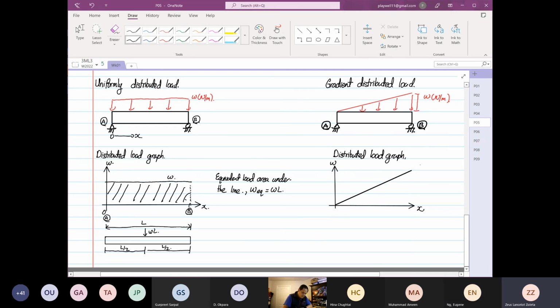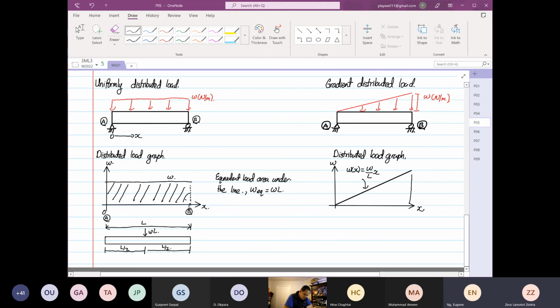The function over here is omega as a function of x, equal to omega over L times x. That's a function. Later on we'll use more of this, but it's just a preview.